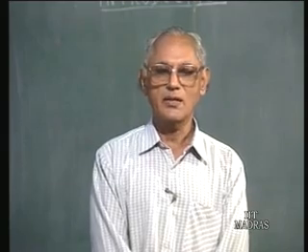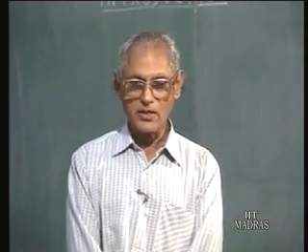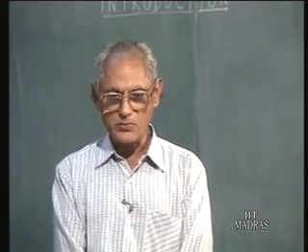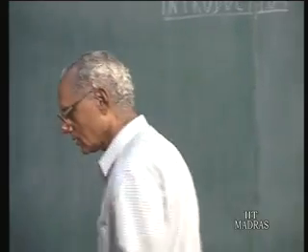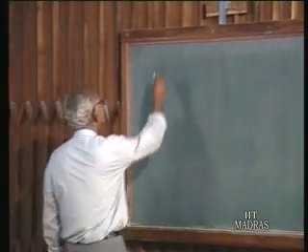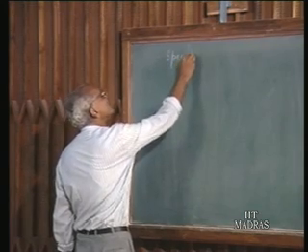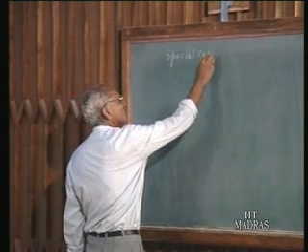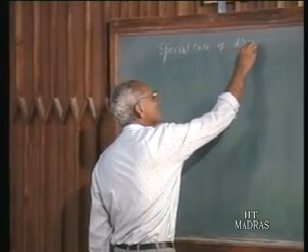So that means the inductor current may jump from t equals 0 minus to t equals 0 plus, and so can a capacitor voltage. We will look at two specific examples of such situations and then move on. So we will talk about special cases of discontinuous inductor currents.